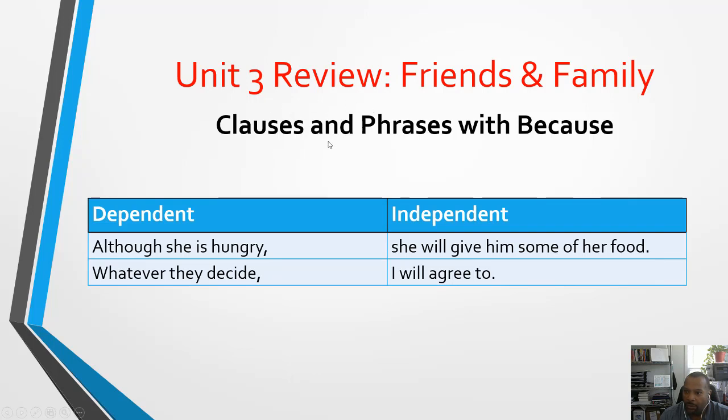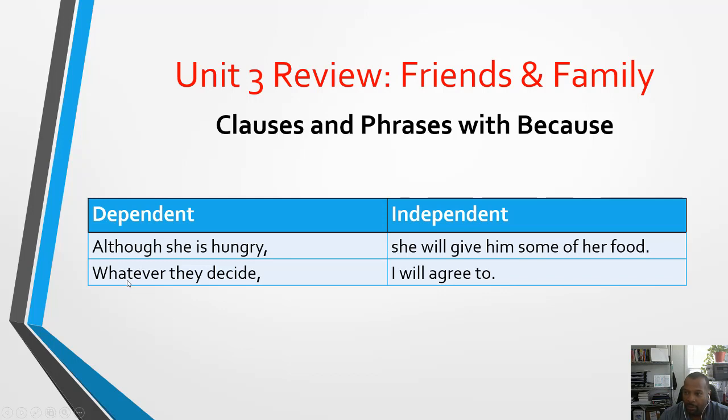So let's look at some more. All right, let's look at how they come together. Dependent clause: Although she is hungry, comma, independent clause: she will give him some of her food. So we put this together. Although she is hungry, she will give him some of her food. Okay.